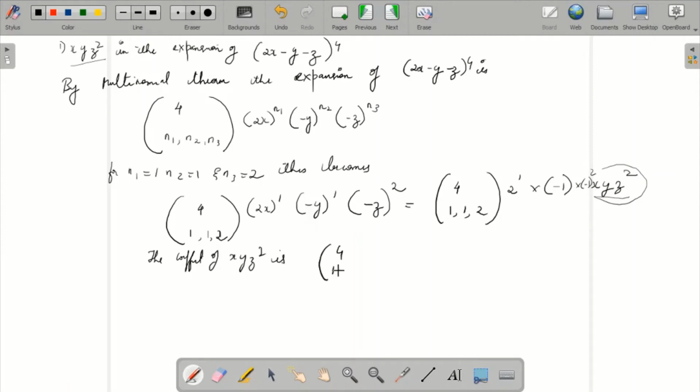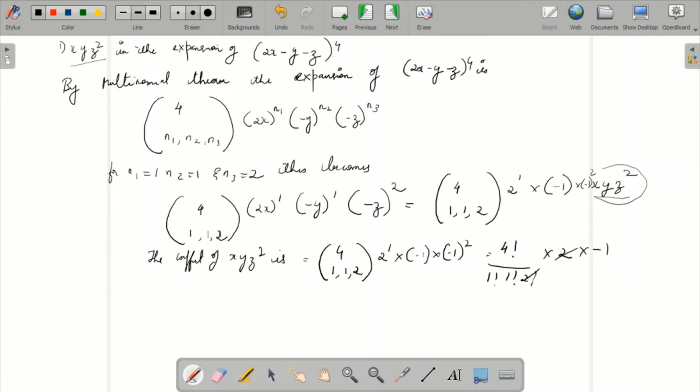4, 1, 1, 2, sorry, and here it is 2 to the power 1 multiplied by minus 1, and then 1 minus 1 whole square. So this is nothing but 4 factorial divided by 1 factorial, 1 factorial, 2 factorial into 2 into minus 1. Minus 1 whole square is 1 itself, so minus 1.